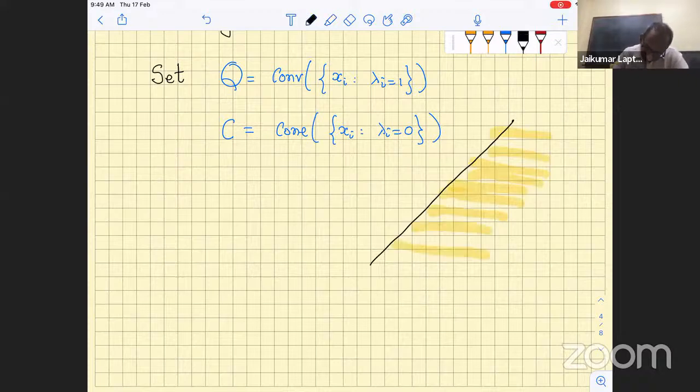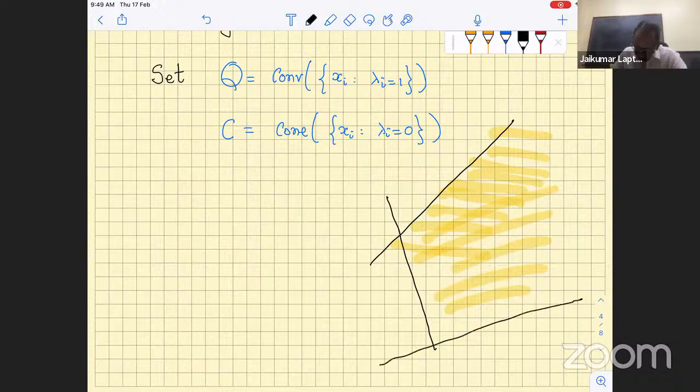Then you got the second half space, and again the points are on this side. Then this half space, and this space. So now let me stop here. This is a polyhedron, the shaded area.